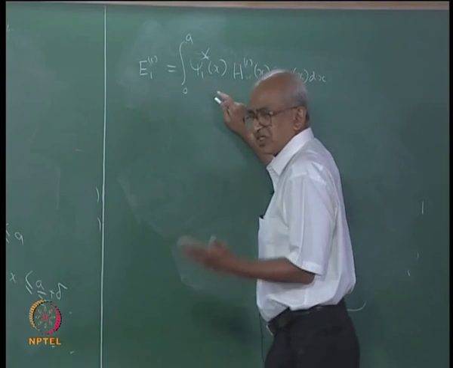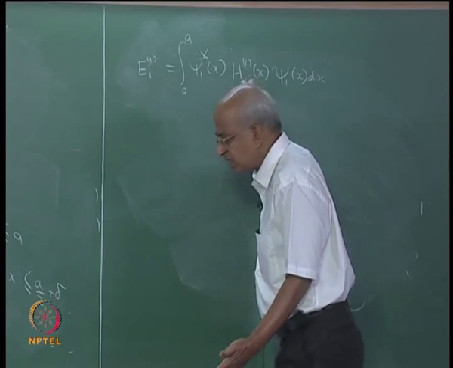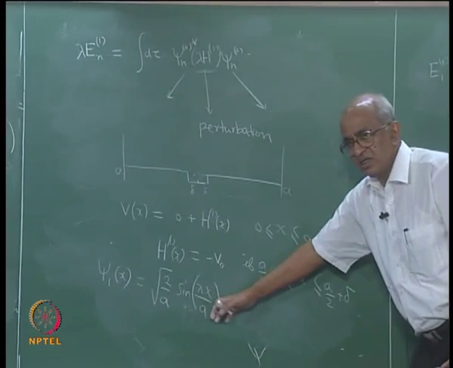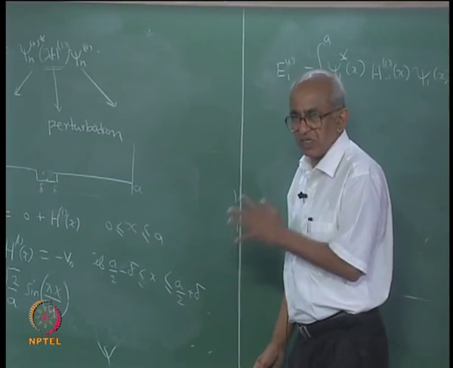Right. First order correction to the ground state energy is nothing but the expectation value of the Hamiltonian. When I say Hamiltonian, I mean the first order correction to the Hamiltonian.